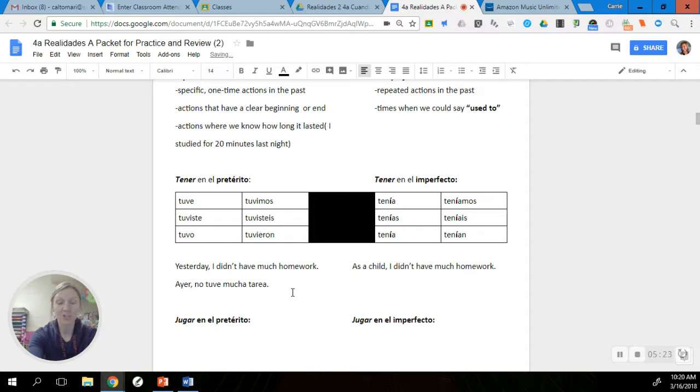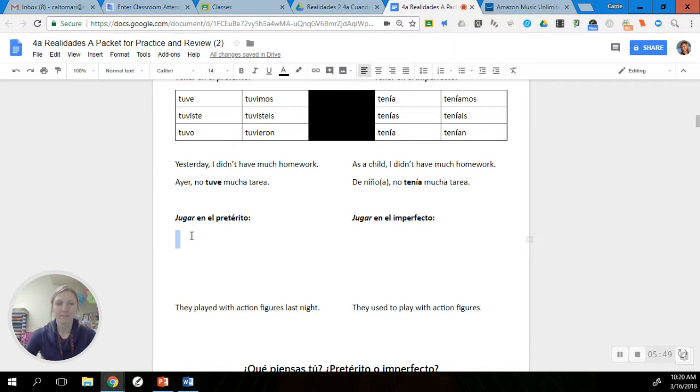But if we were saying as a child I didn't have a lot of homework, so something that was ongoing, you would say de niño or niña if you're a girl, no tenía mucha tarea. Big difference here. Just this verb form changed the meaning of the sentence a little bit, okay, as to when you had that homework.